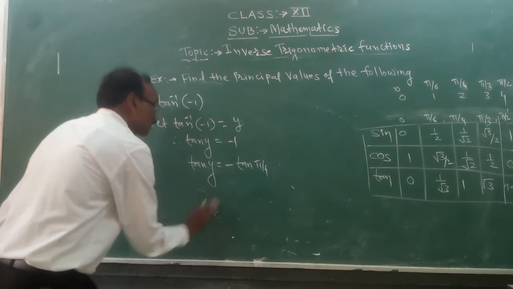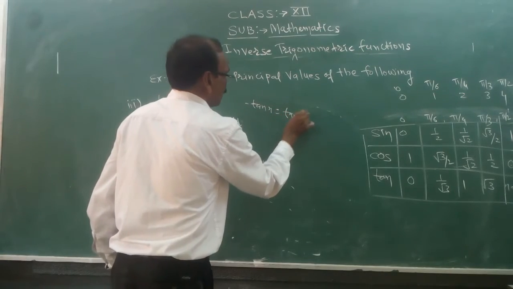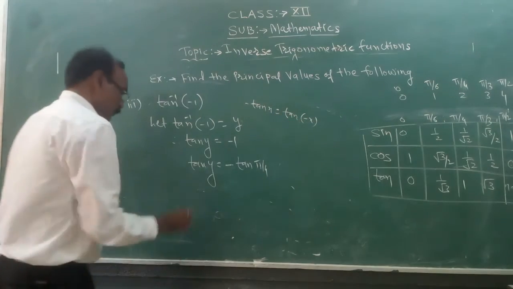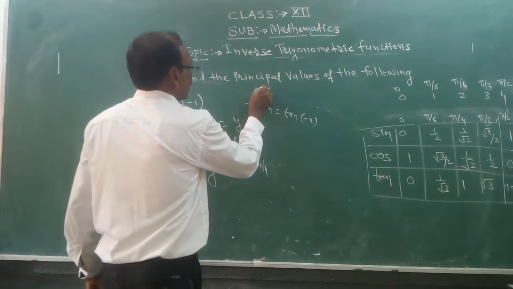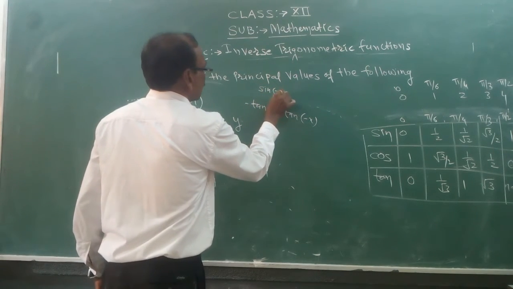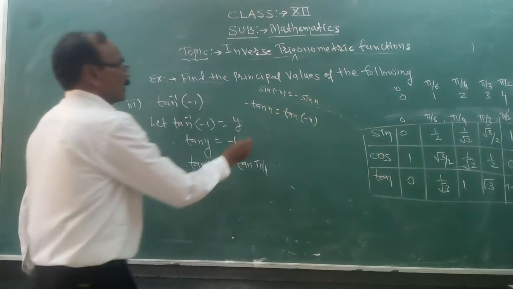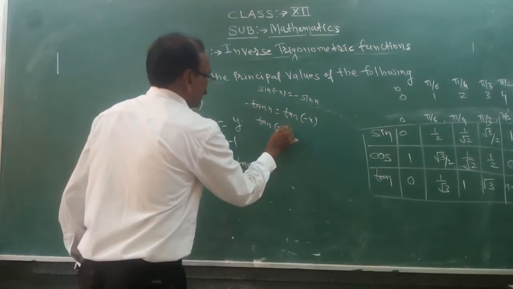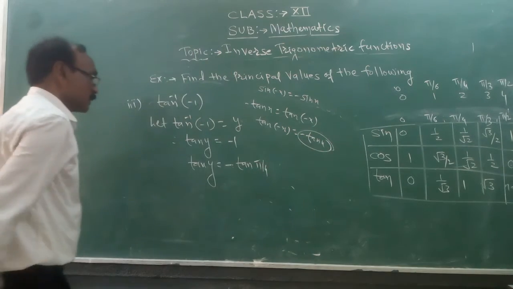Tan pi by 4. Minus tan x is tan of minus x. Similar case in the case of sin x also: sin of minus x is minus sin x. Therefore, tan of minus x is minus tan x. So minus tan x can be written as tan of minus x.